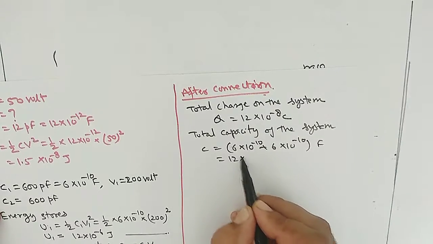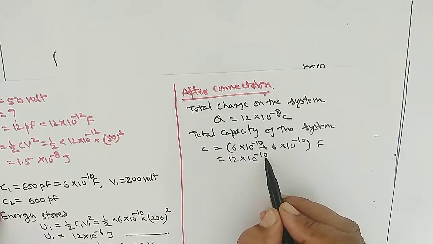Simply you can write 12 into 10 to power minus 10 farad.